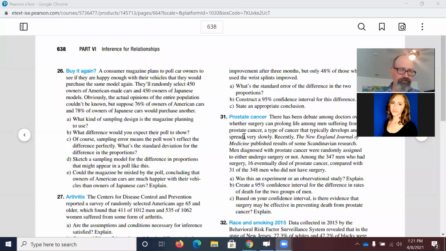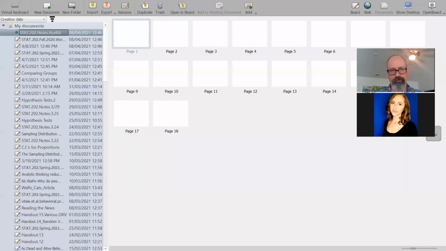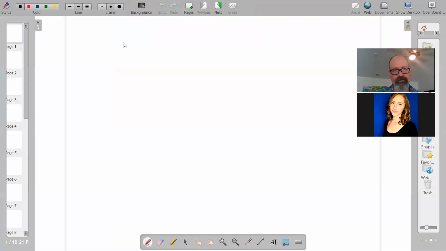Groups, we'll see where they're at when they think about this question. To review the question, I'll bring it up on screen. It's this question 31. We can treat these pieces one at a time, starting with part A. Let me go ahead and write down question 31, page 638.